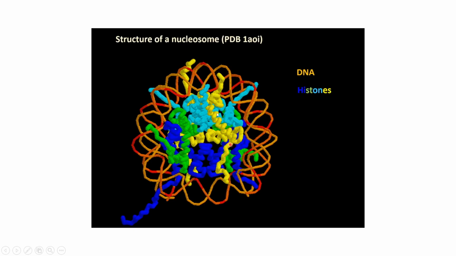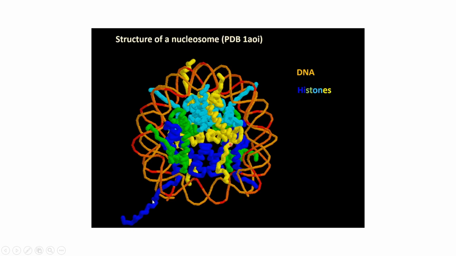The histones are colored in different colors, green, yellow, and blue, and around them the DNA is wrapped. This is how the structural organization is. Here you can see the N-terminal tails originating from each histone. On this structure, post-translational modifications are done, such as phosphorylation, acetylation or deacetylation.